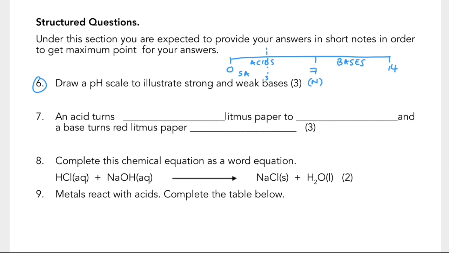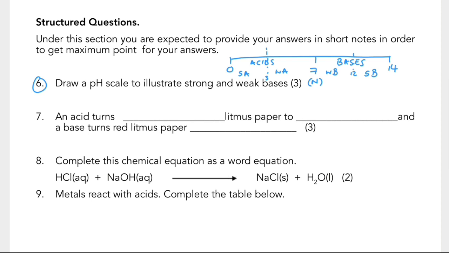Then from 3 up to around 7 we have weak acids. Then here we just divide again. From 7 up to maybe we say 12 we have weak bases, and then from 12 up to 14 we have strong bases. So that's our pH scale to illustrate the strong and weak bases, as well as the acids.